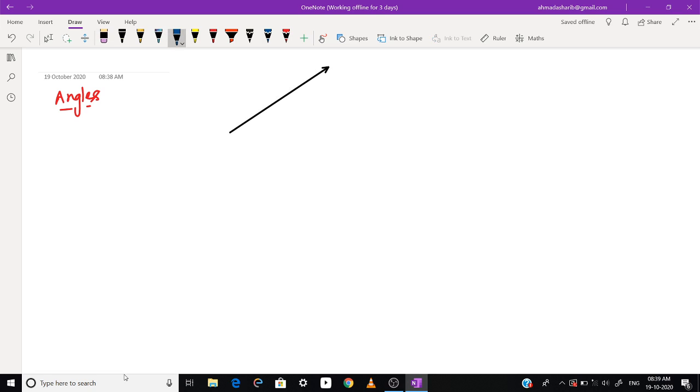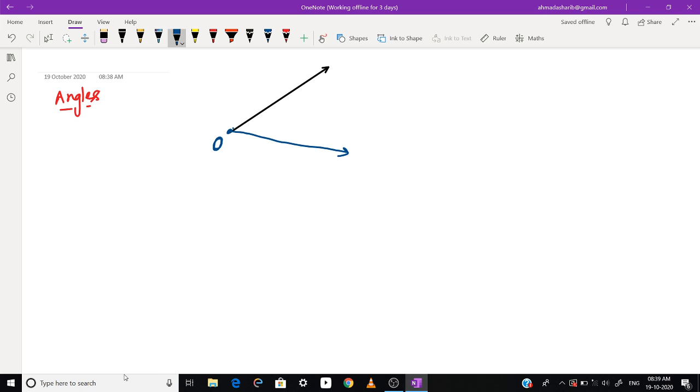Let's say this one. They are meeting at which point? At this point. Let's say this is point O. These are two rays meeting at a single point, point O.